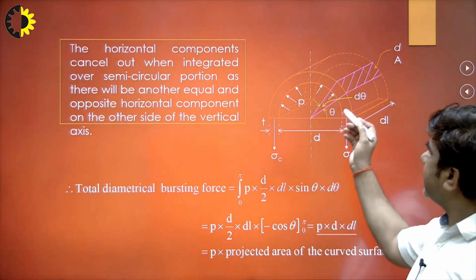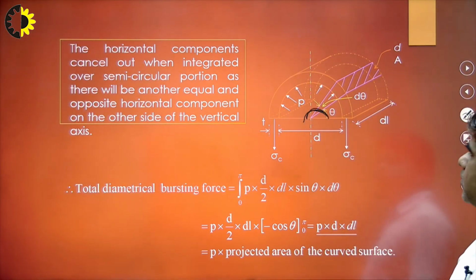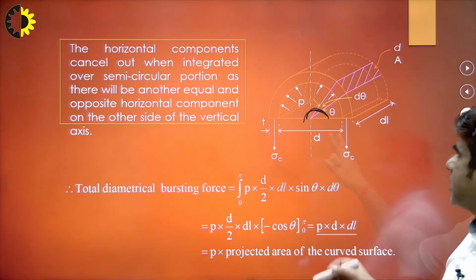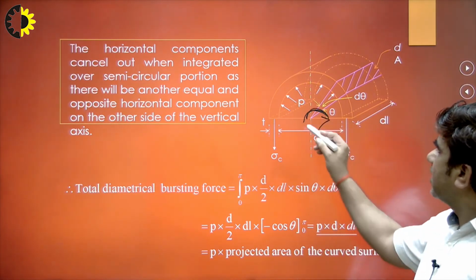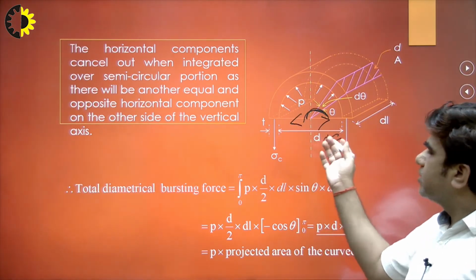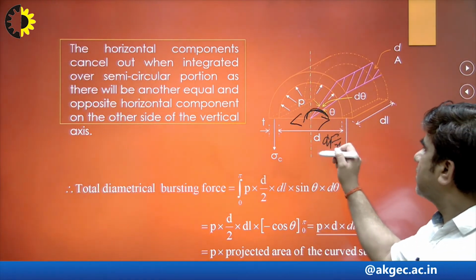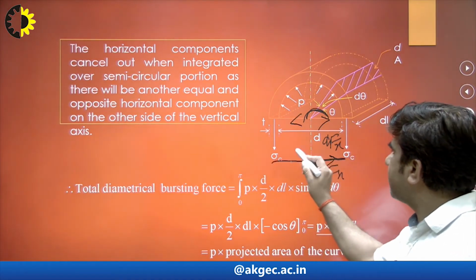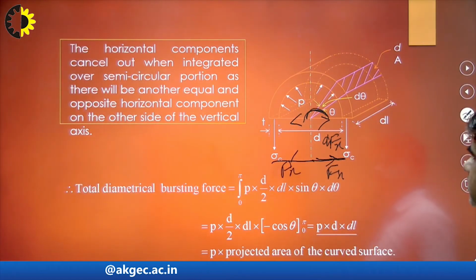So Fx in this direction and Fx in the other direction get cancelled. These are equal and opposite.